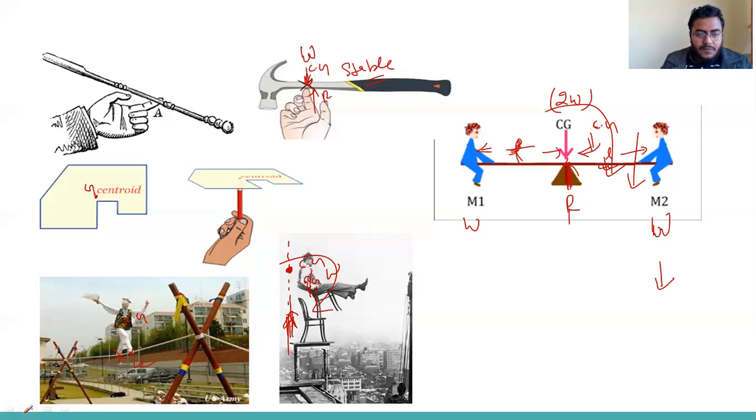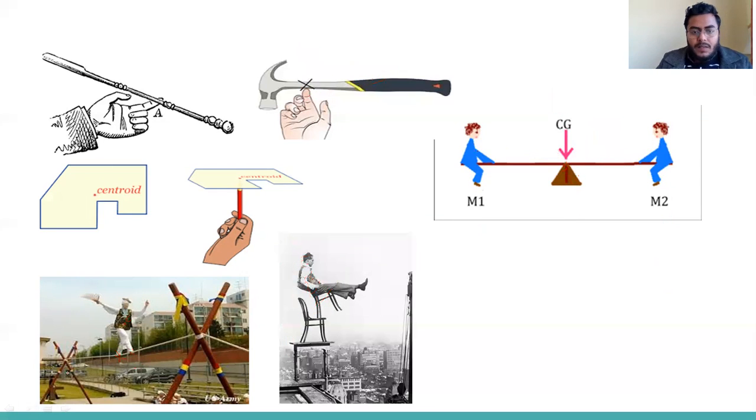In the next figure, you can see this person trying to keep his CG, or G, on the line of action of support. If he can make the CG coincide with the line of support, he can be stable.